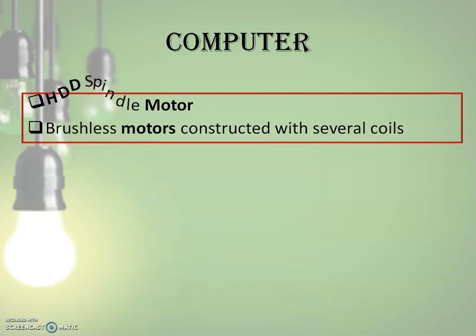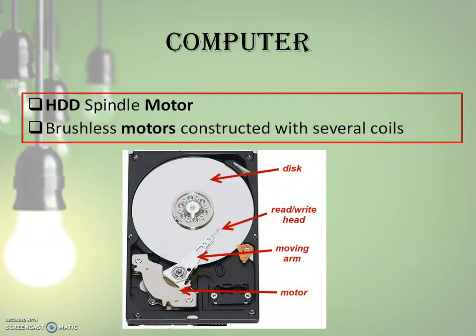The HDD, that is hard disk drive, spindle motor is a compact mechatronic component, so there is not a lot of available space for placing its motor. On the other hand, the motor of the hard disk, called the spindle motor, must be able to generate enough torque so the magnetic platters can rotate at the desired speed.